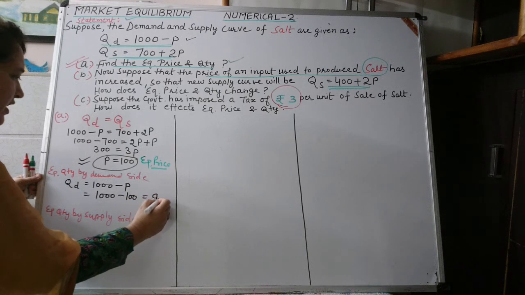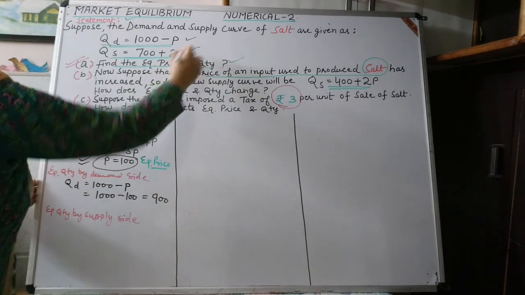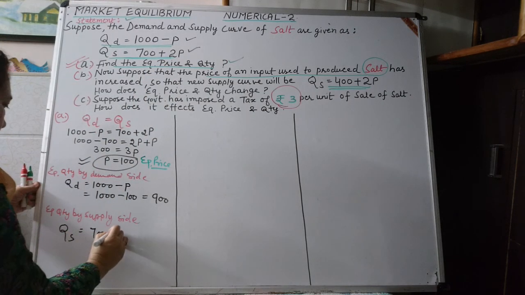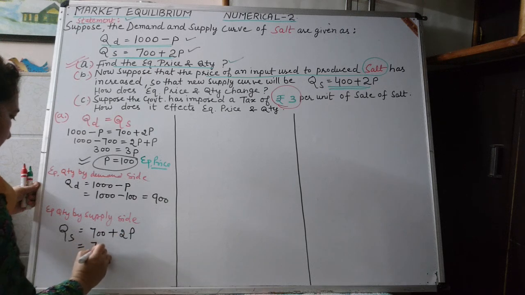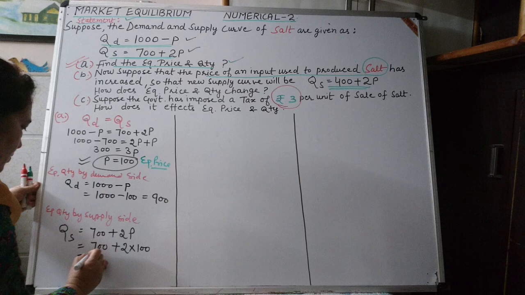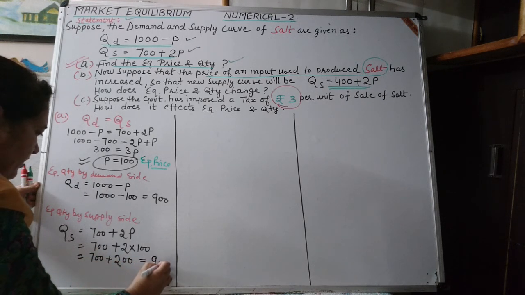So the QD value is 900. Next, the supply side, QS is equal to 700 plus 2P, or 700 plus 2 multiplied by 100 is equal to 700 plus 200 is equal to 900.